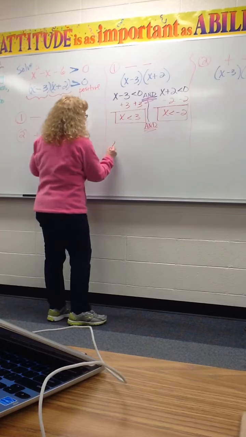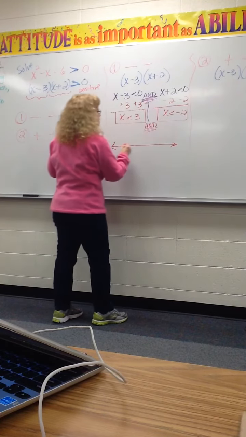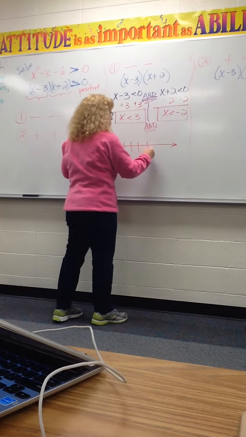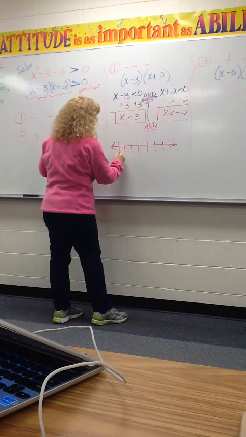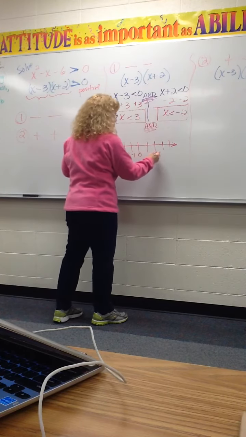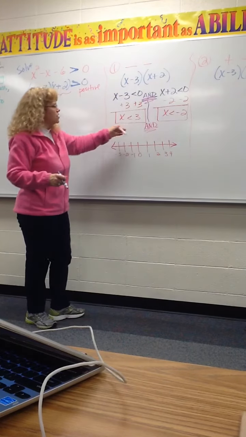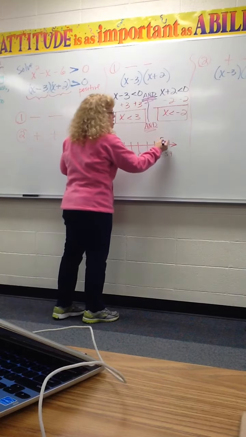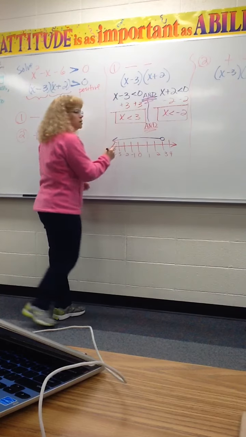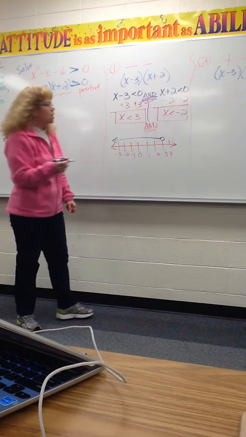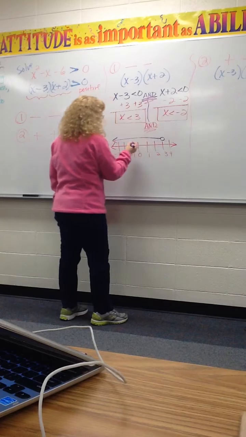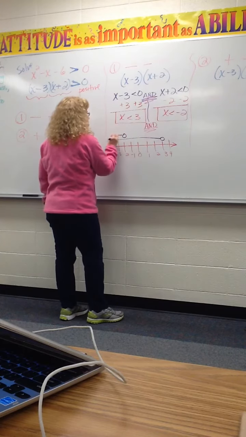So if I go down here on my number line, where is x less than 3? Here, that way. Agree? X less than negative 2. That'd be here, this way.